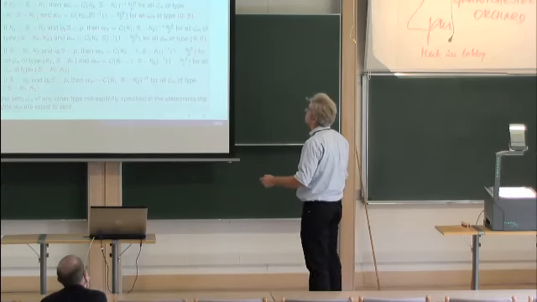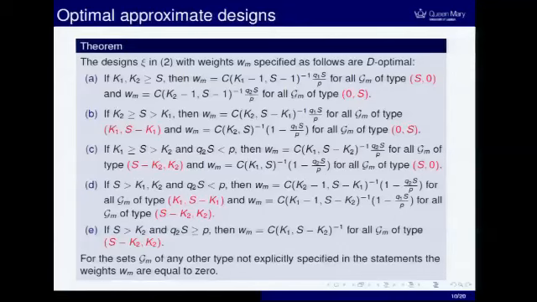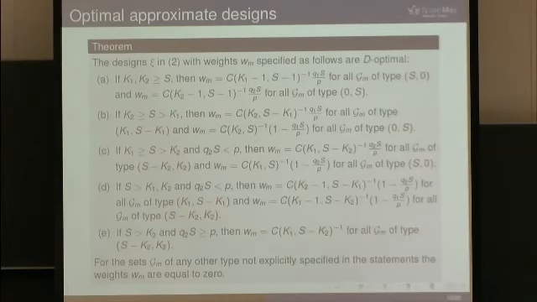So that means here, for instance, in case A, where the number of attributes in the first group and also in the second group is greater than the profile strength, we are using only pairs which have different levels for S of the attributes in the first group, and similarly pairs which have different levels for S attributes in the second group. And that similarly applies to all the other ones.